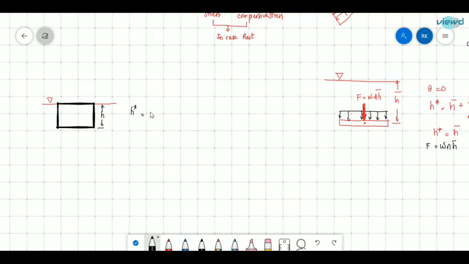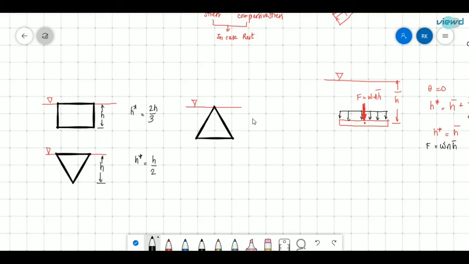So h star is equal to 2h by 3 for this vertical plate, and next there is an inverted triangle, and for this h star is equal to h by 2, and if the triangle is placed like this, and this is h, then h star is equal to 3h by 4.